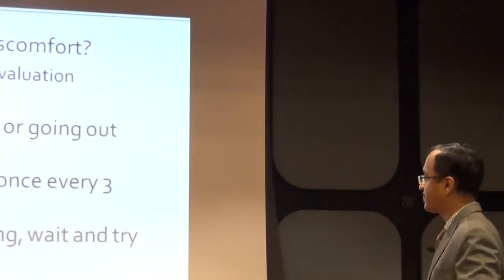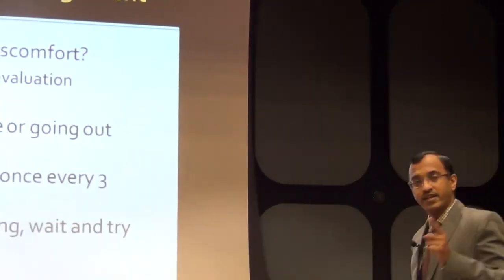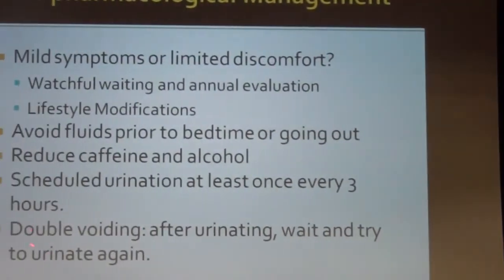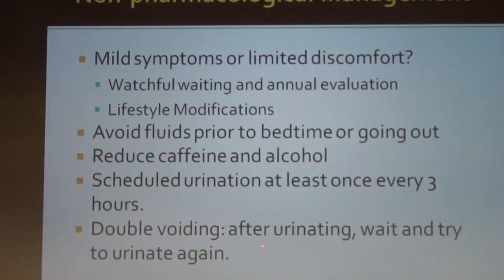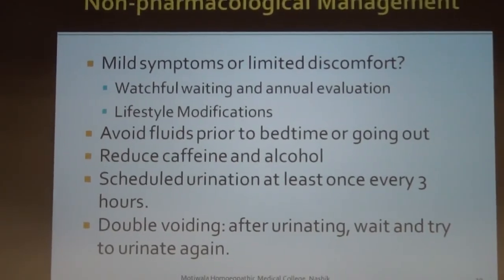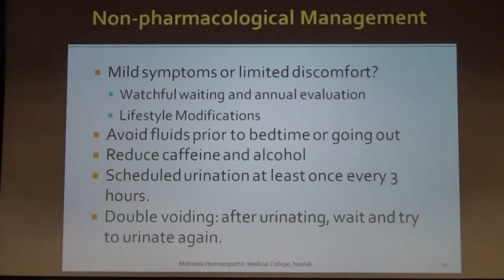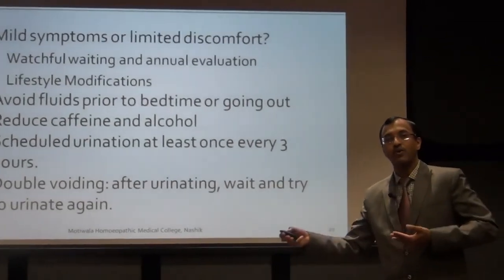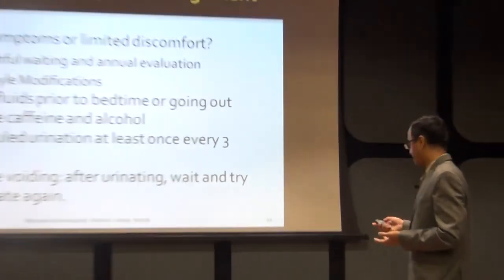Double voiding is again a key part of the management procedure, where we tell the patients that after urination they should just wait and try to urinate again, because otherwise they are going to have the urgency.